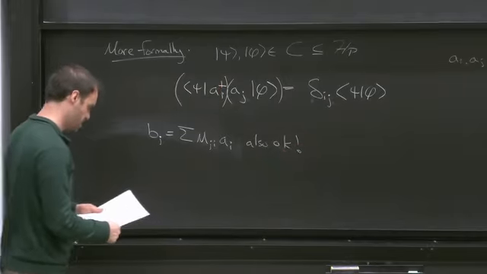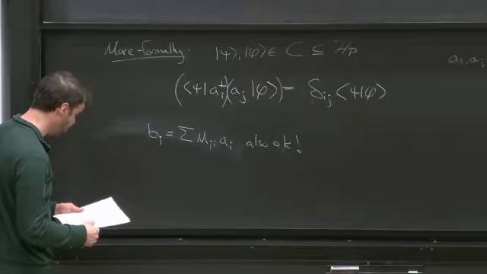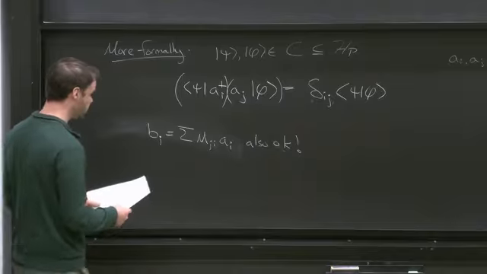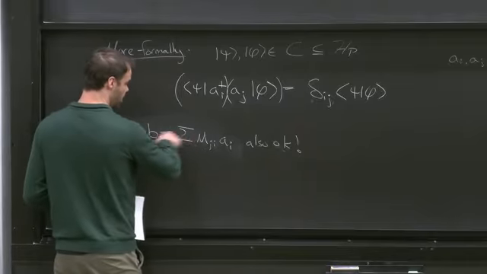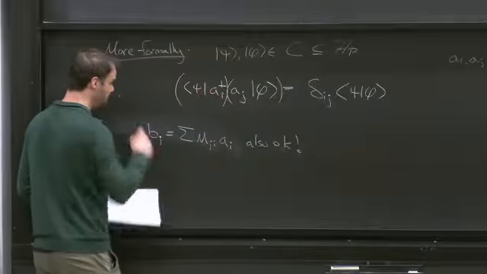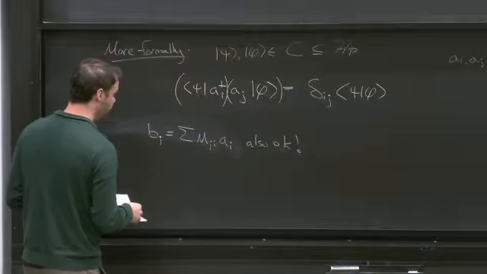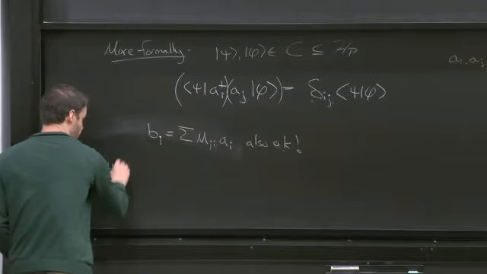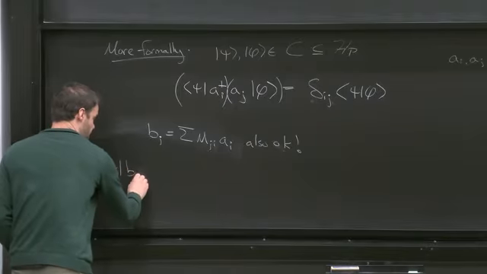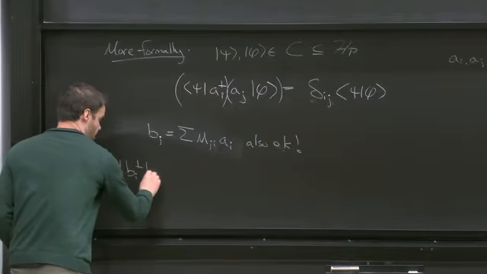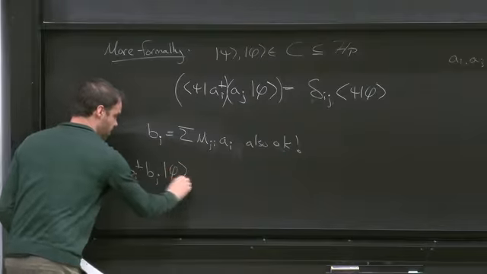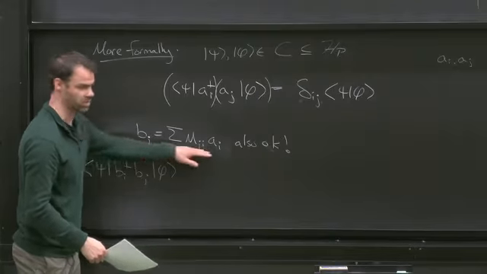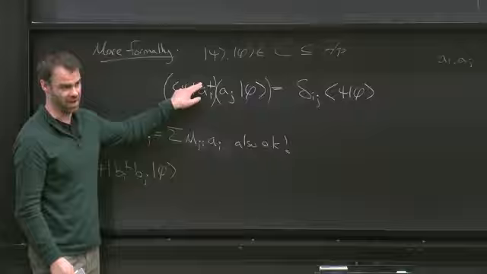Then what does the condition look like now on the B's? Well, I could stick the B's into here. I want to compute, is there some analogous condition on the B's? What should this thing be equal to if the B's are equal to something like this, where the A's satisfy that?